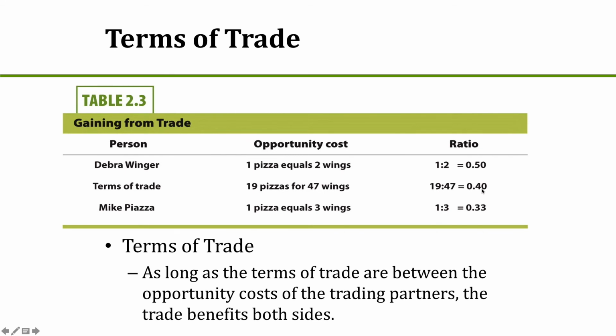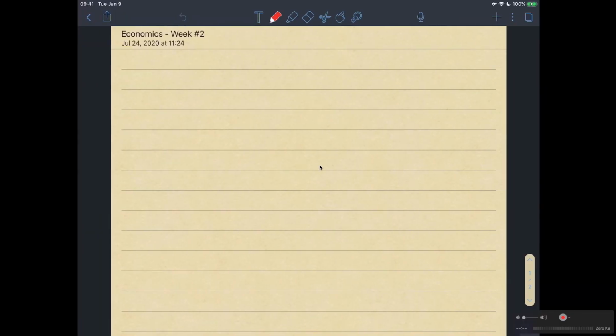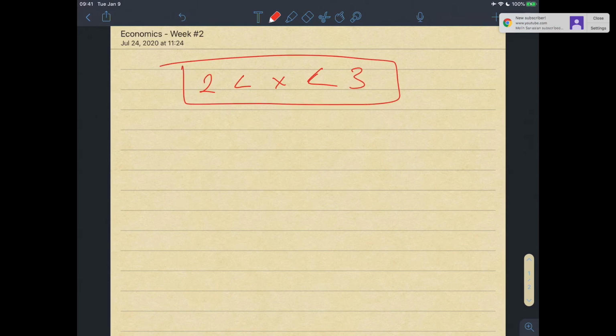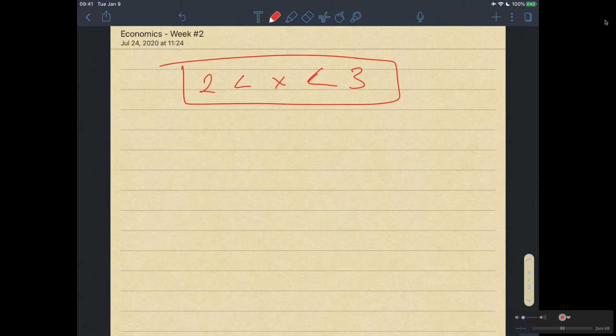So why are we picking a number just between, for example, 2 and 3, but not picking a number which is equal to 2? What I'm trying to say is, I told you to create a welfare increase for both parties.